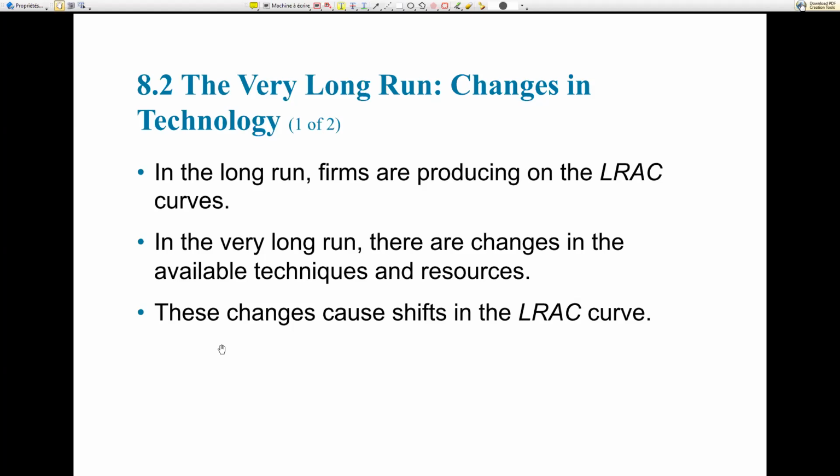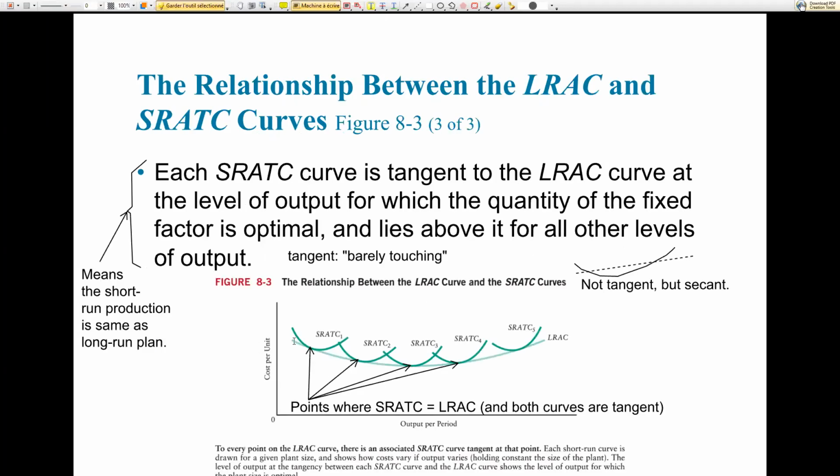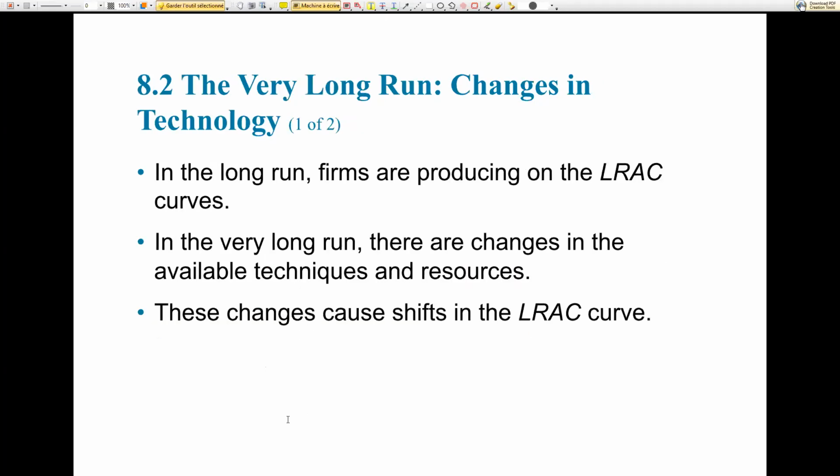By the way, do you think it's going to shift up or shift down? If technology increases, it would shift up. Shift up, okay. So that means that if I have better technology, it costs me more per unit. Oh no, never mind. Yeah, so most likely shift down.